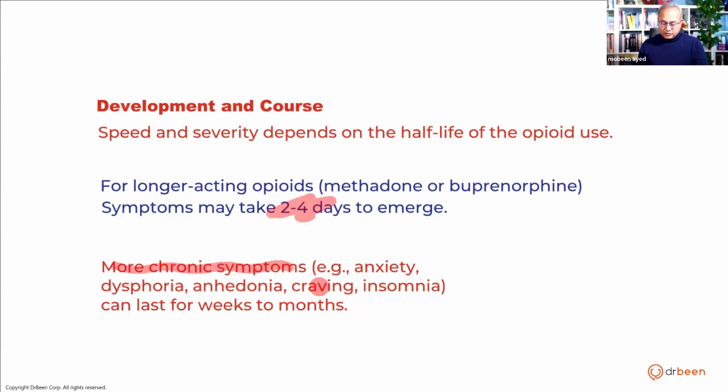More chronic symptoms, for example anxiety, dysphoria, anhedonia, craving, and insomnia, can last for weeks to months. So the takeaway: short-acting opioids will develop withdrawal fast, long-acting opioids will develop withdrawal with some delay.